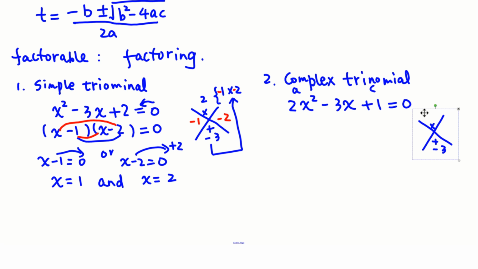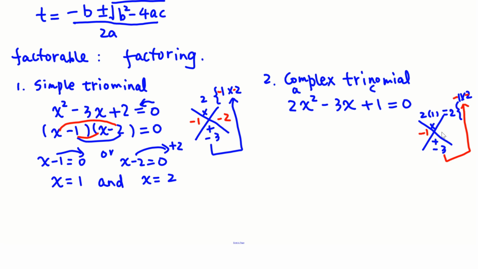A times c is 2 times 1. So the factors of 2 give us 1 and 2 because it's a prime number. Then you will find the two numbers. The sum is negative, so the larger number needs to have the same sign as the sum, so negative 2, negative 1.